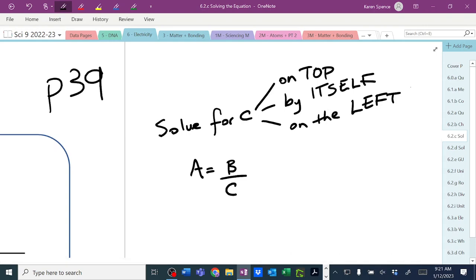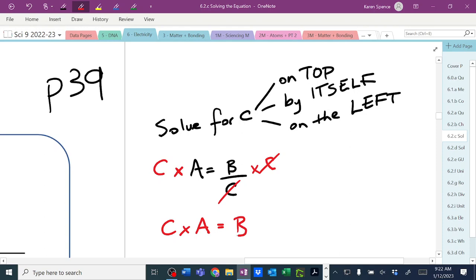No. So what could you do if you were doing what you've learned in math class? You could multiply both sides by C. Ooh, look at that. Yes? So now we have C times A is equal to C.